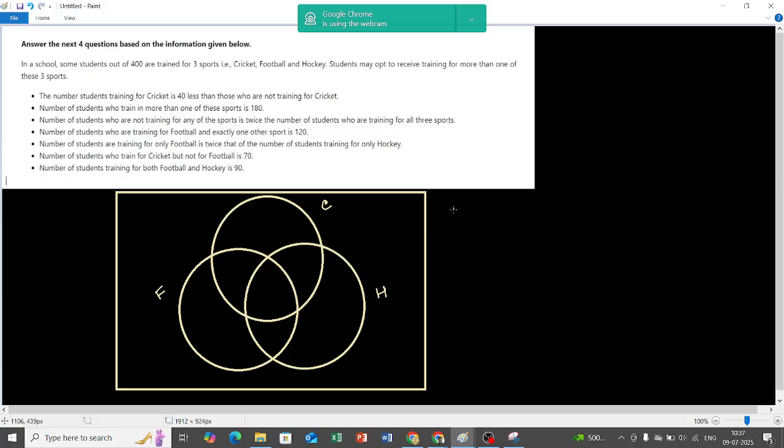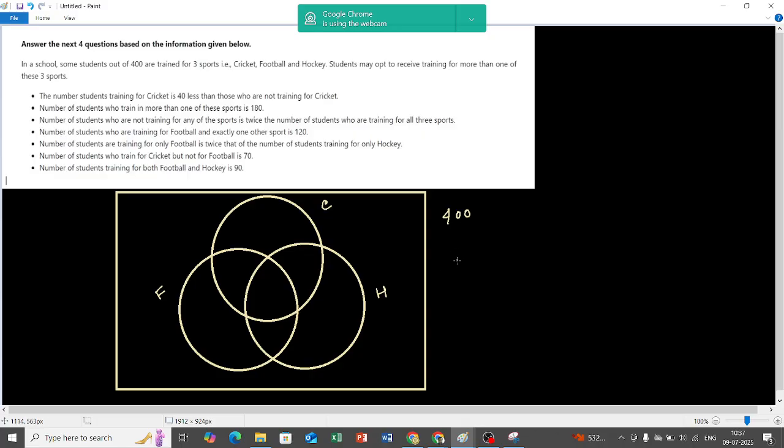So in a school, some students out of 400 are trained in 3 sports: cricket, football and hockey. That means the total number of students is 400.